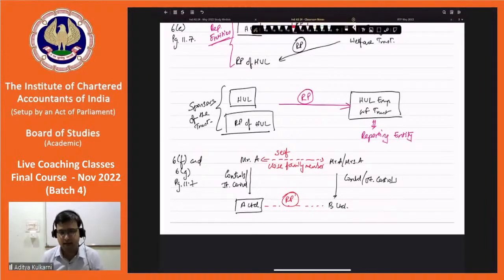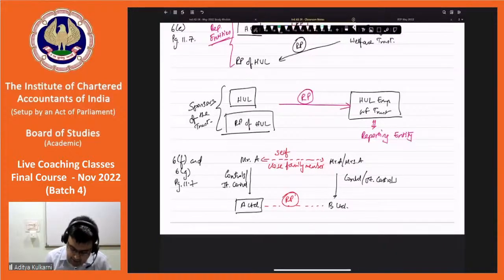So now understand, Mr. A controls or jointly controls A Limited, and either Mr. A or Mrs. A has control or joint control over B Limited, then A and B are related to each other.